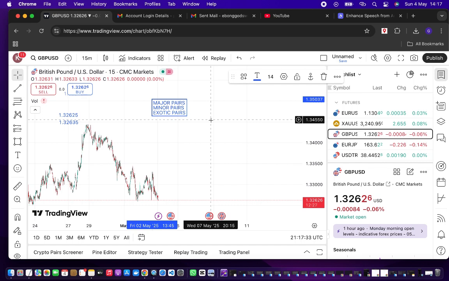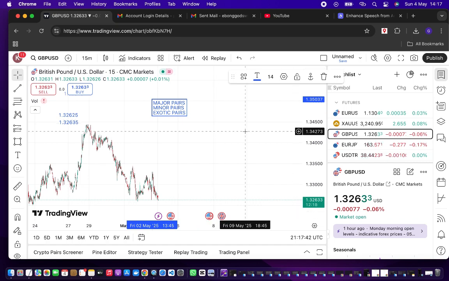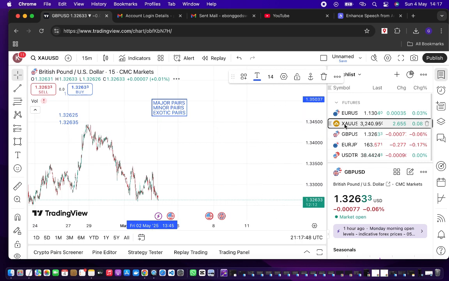A typical example is USD against the South African rand. So yeah, let's look at an exception. There's a very important metal and trading instrument which I'm sure a whole lot of you are aware of, and that is the gold pair.